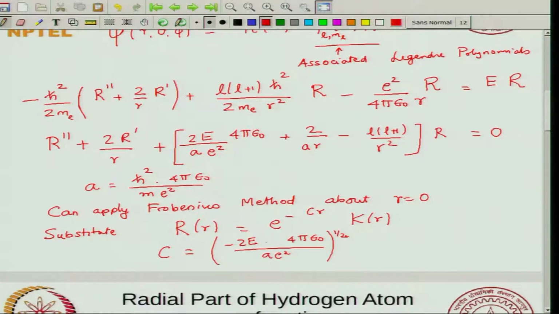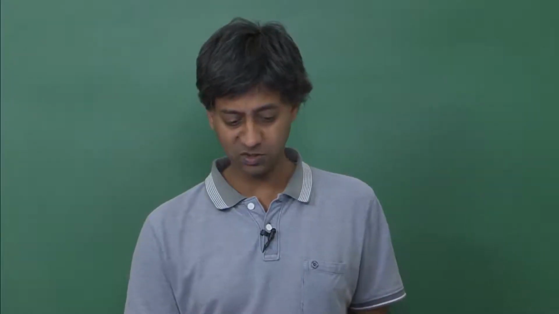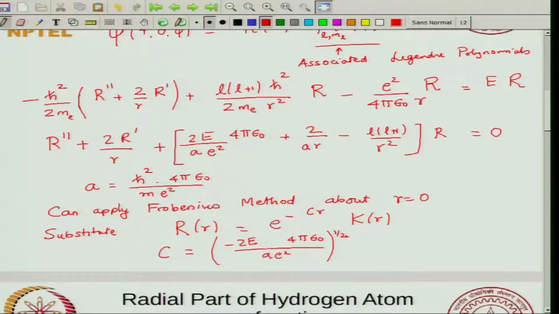Okay. And you can probably see why we took this form, because suppose you take large r. So suppose you take r going to infinity. Then this term will be negligible. All these 1 by r terms will also be negligible. So what you will get is R double prime is just some constant times R, and so you will get an exponential decay.